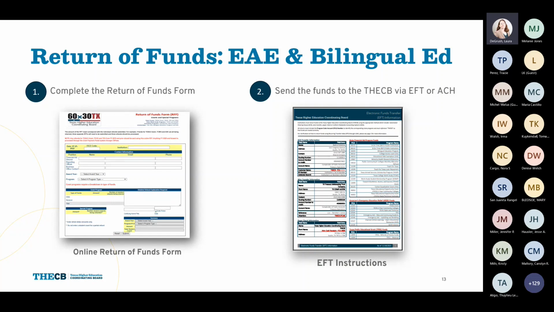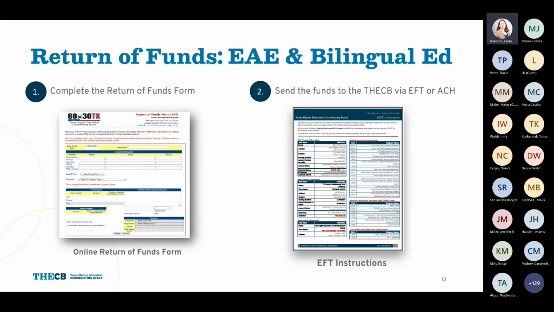You can find this form and fill it out. And just like everything else, you have the form and then you send the money. So you coordinate with the business office so that the request and the return and the instructions, or rather the actual sending, go together. All right, so that is the return of funds for these specific programs for EAE and bilingual education.